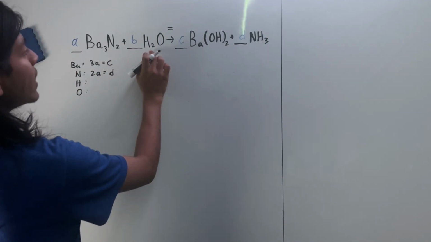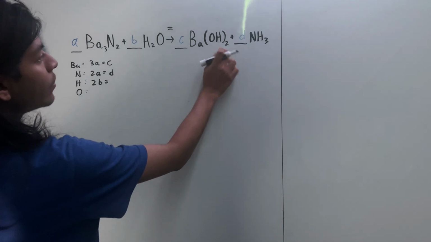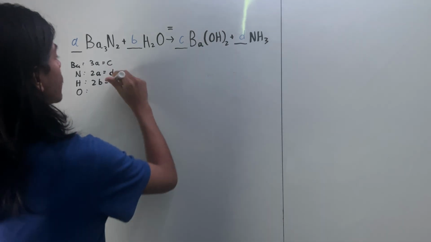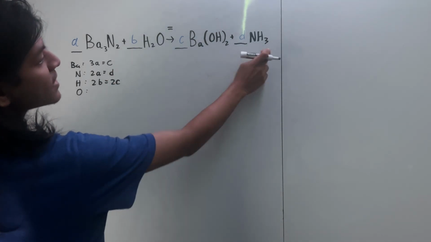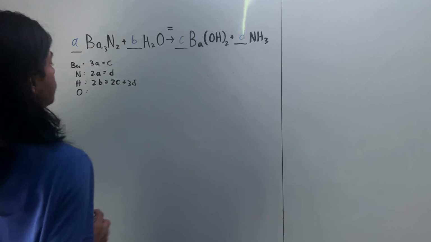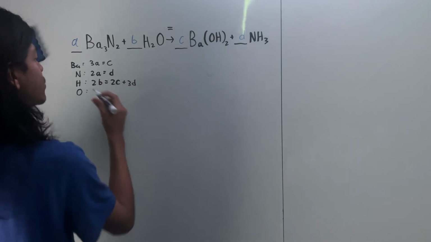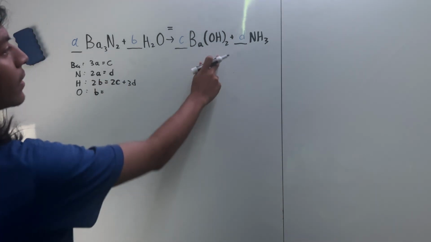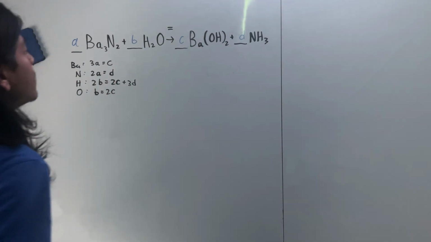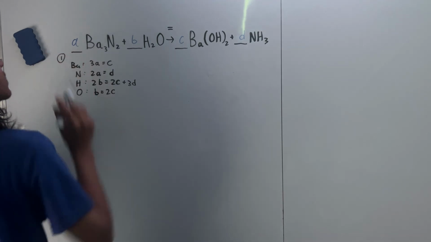We have 2B hydrogens on the left, and on the right we have 2C hydrogens for this part, plus 3D hydrogens for this part right here. Now we have our oxygens to deal with. We have B oxygens on the left side, and on the right side we have 2C oxygens.